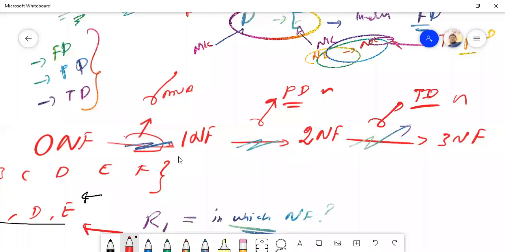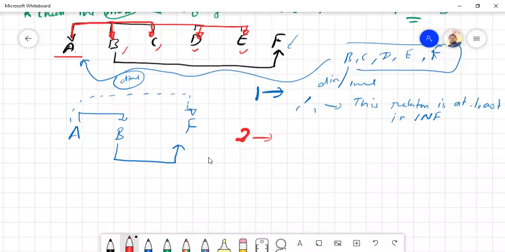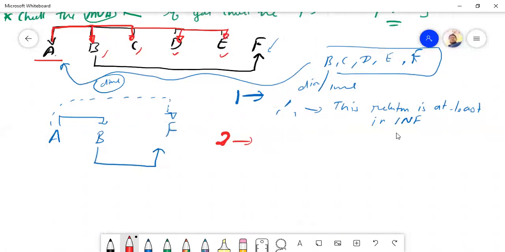So here, to identify second normal form, you have to check the partial dependency. If you find partial dependency, you have to remove that. So do you have any partial dependency? You can find partial dependency if you find any composite primary keys.